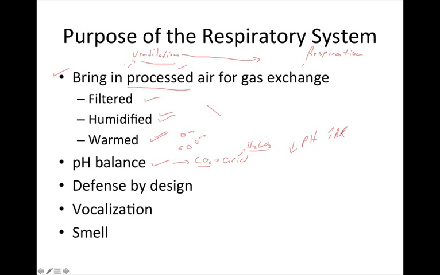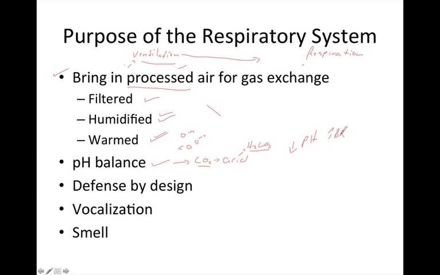So like I said, even though carbon dioxide isn't an acid, we primarily transport it as an acid. So I want you to think of CO2 as behaving like an acid in our system, and monitoring carbon dioxide is a critical component to maintaining pH.